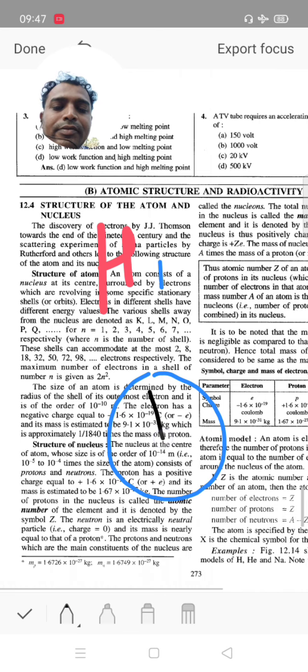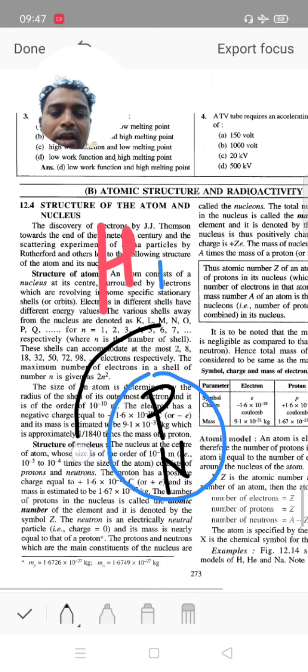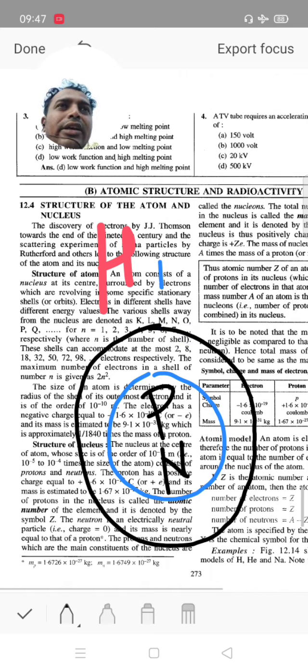The nucleus contains protons and neutrons, and on the outermost side there is an electron. Electron carries negative charge, proton carries positive charge, and neutron has no charge.